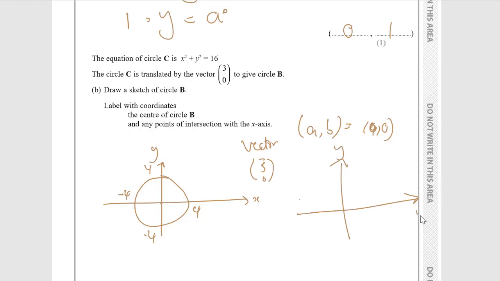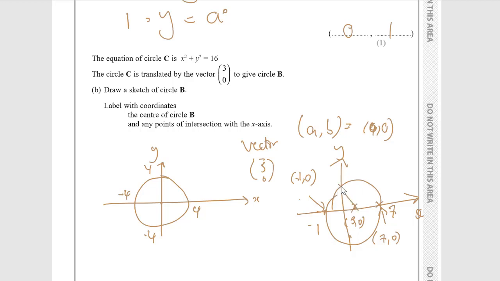this is y, this is x, where we're going to have 7, and the center now moves to 3, 0, and this is going to be minus 1. And so therefore we can see that this is going to be 7, 0, and this one here is going to be minus 1, 0.